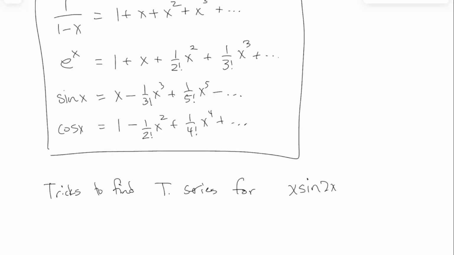Now, without tricks, just doing it the same way that we just did that example, the way to find the Taylor series is by taking the derivative over and over again of this function. You have to take the first derivative, and then the second derivative, and the third derivative, and so on, and then plug in 0 or whatever. Now, this particular function is a total nightmare to do that, because to get the first derivative, you have to use the product rule with the x and the sine of 2x.